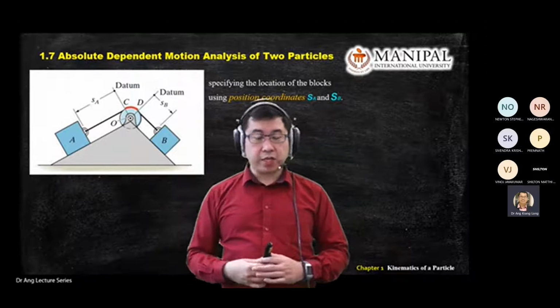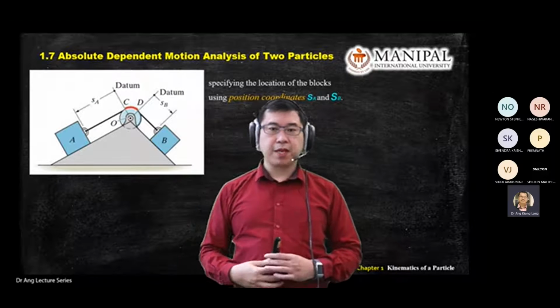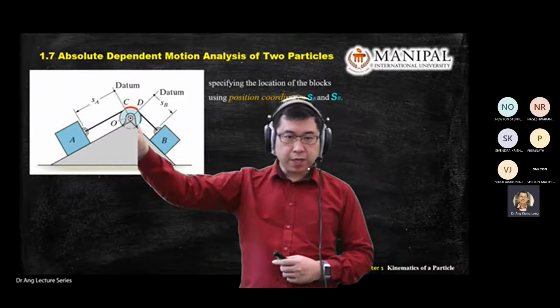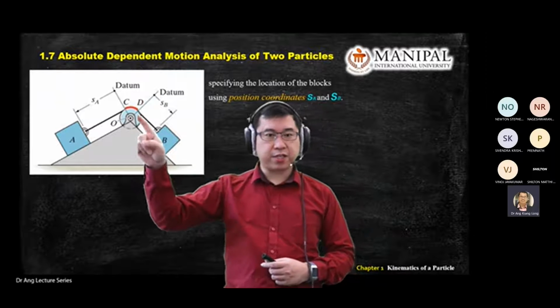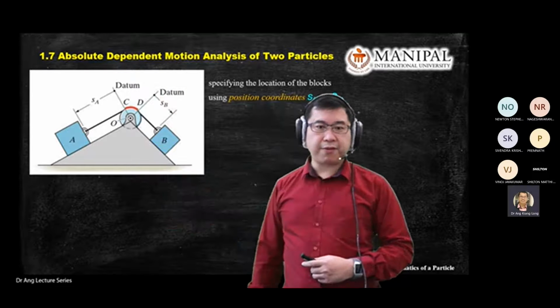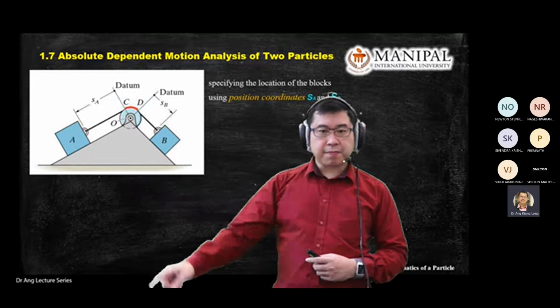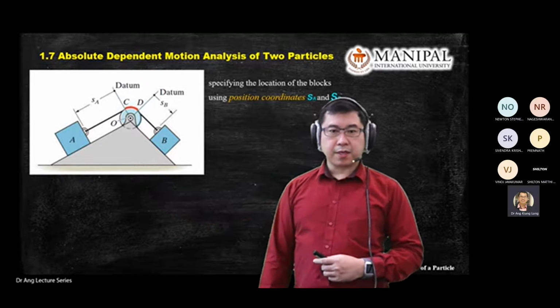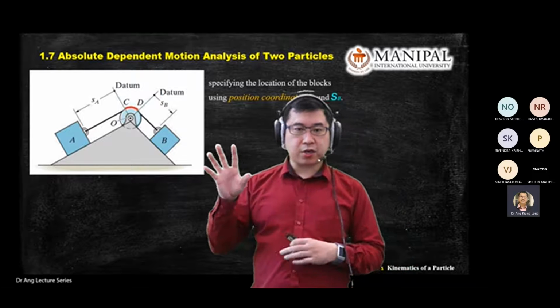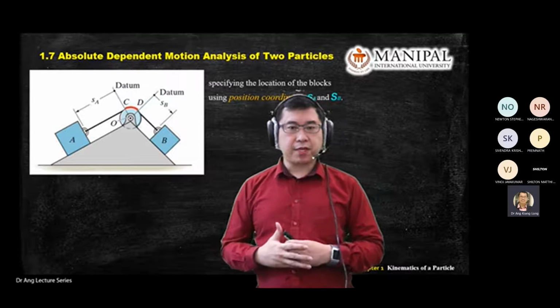Since the beginning, we derived equations for position. Position also has a direction. So SA has a direction. In this case, the direction is pointing down, to the left-hand side from the datum. In this section, pay a little more attention to the direction of the parameter that you use.